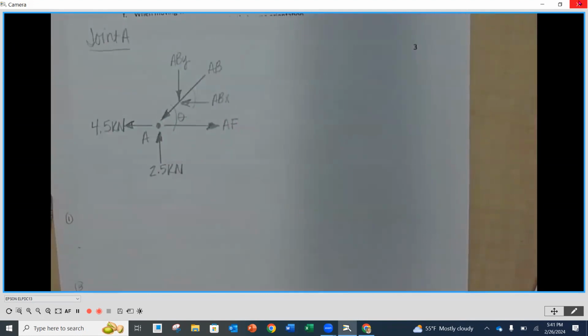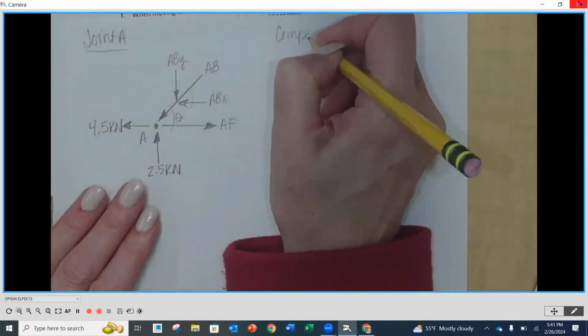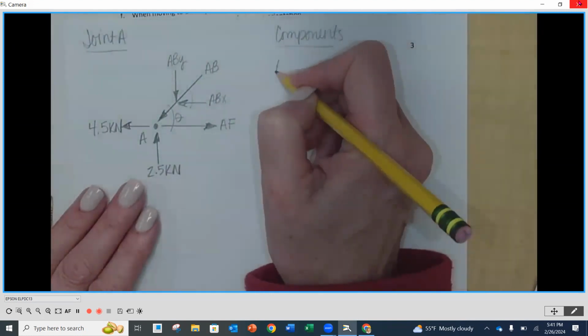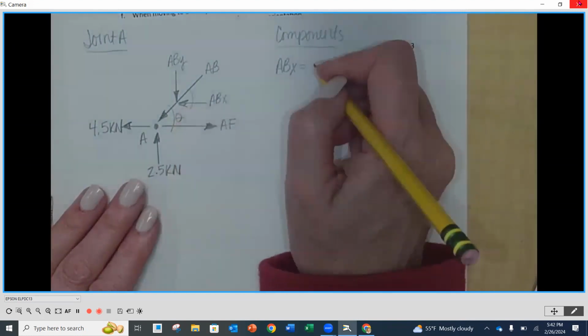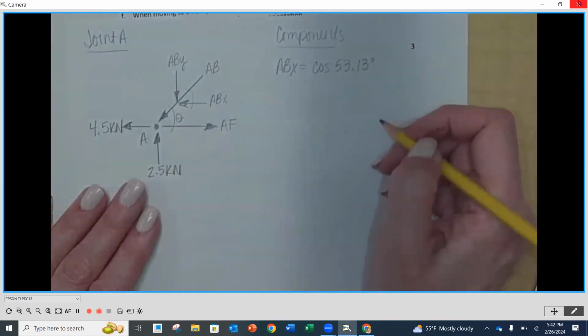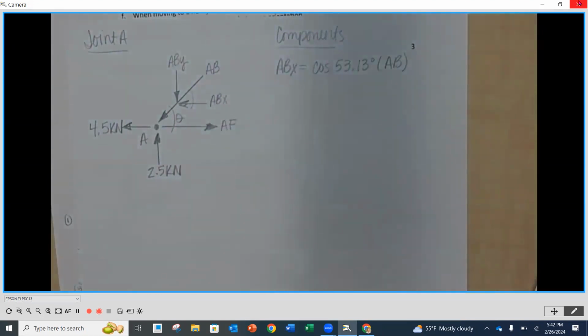So let's figure out what our X and Y components are in terms of their hypotenuse. Up here, I'm going to do the components. I know that ABX is going to be the cosine of 53.13 degrees times AB, its hypotenuse.